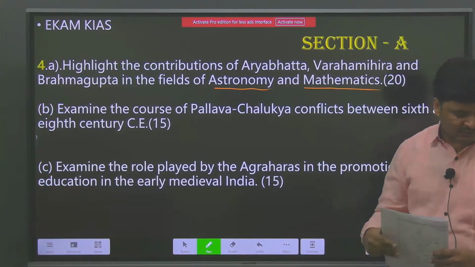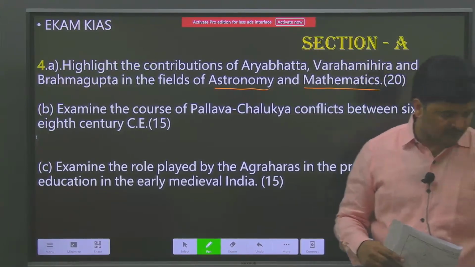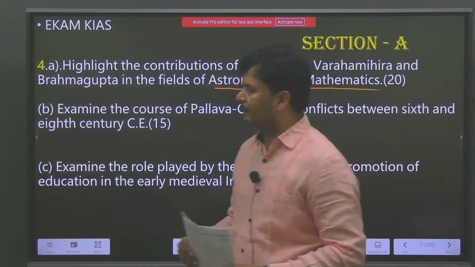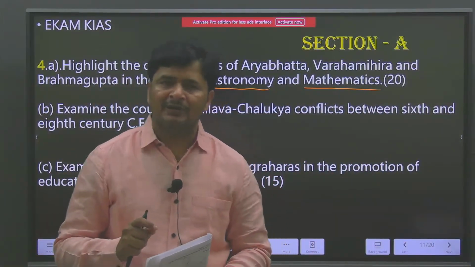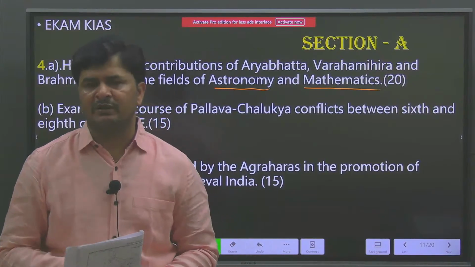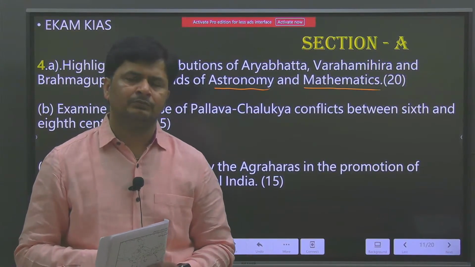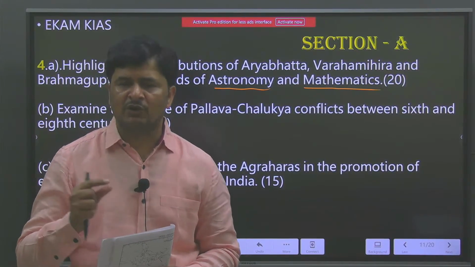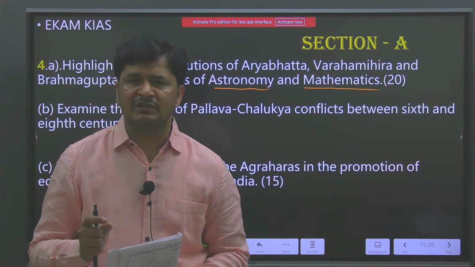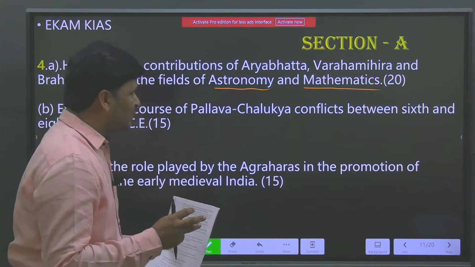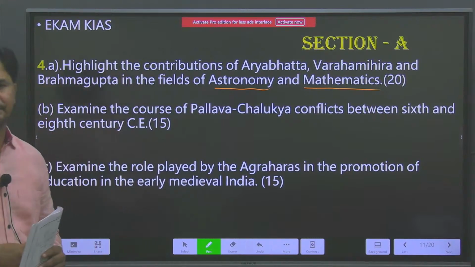I've been instructing the aspirants, especially those writing with history optional: first, understand the question and have the habit of demarcating the question. First, you have to understand the question, what to be written, what not to be written, followed by demarcation of the question. When you demarcate the question, you can easily answer.